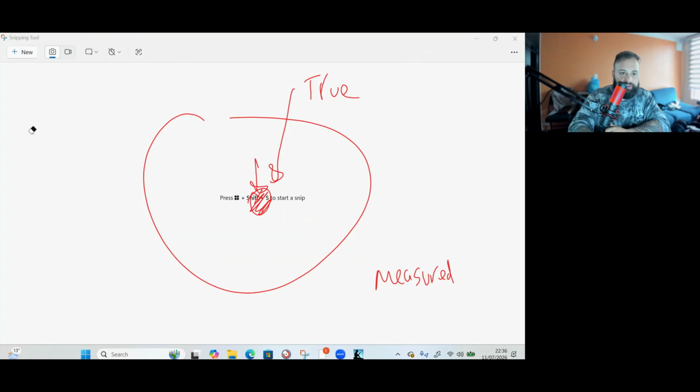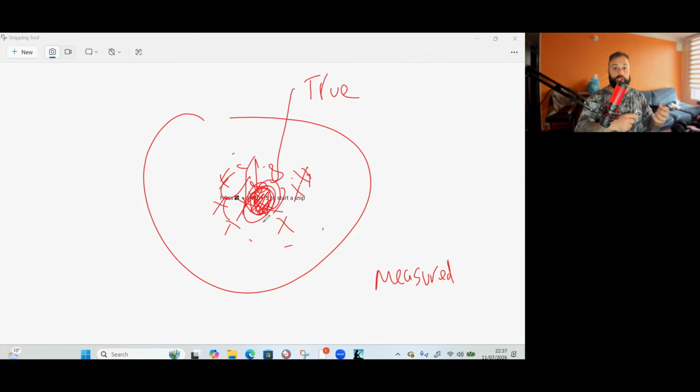Maybe some will hit the center, but it'll be scattered. But unlike systematic errors, if you keep on repeating it, sometimes you're going to hit the outer parts, but you're going to hit the center a lot of the times. So you get close to the true value.